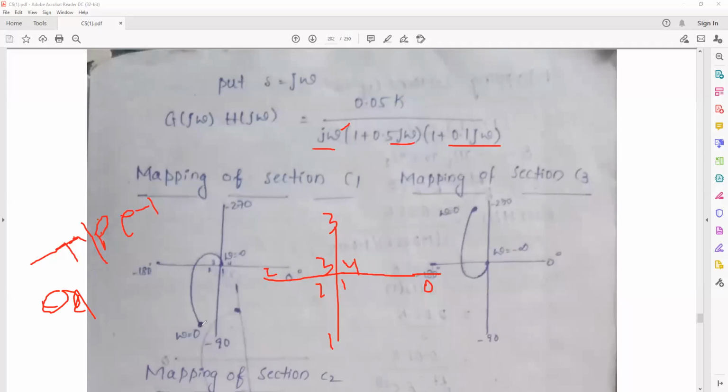So the starting is type 1 system, ending at order 3.